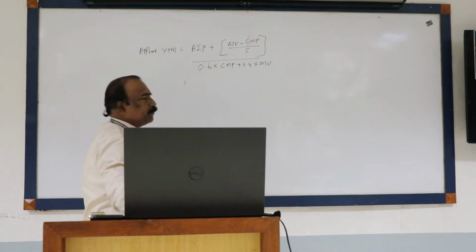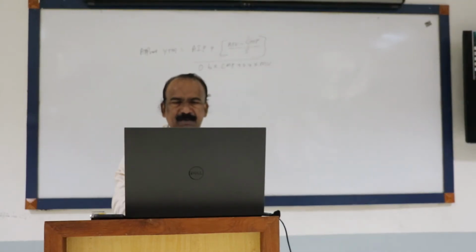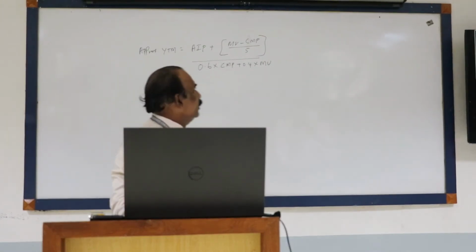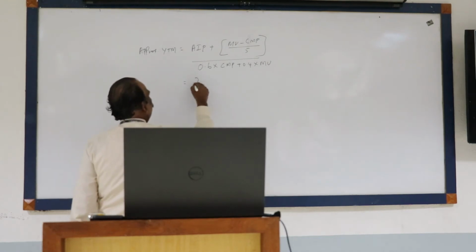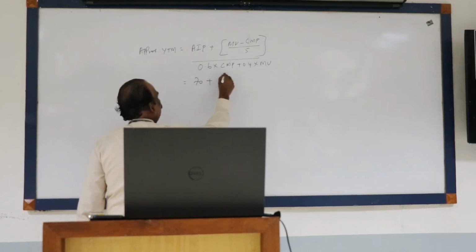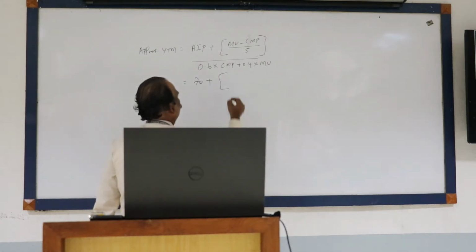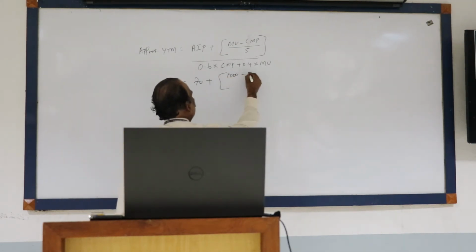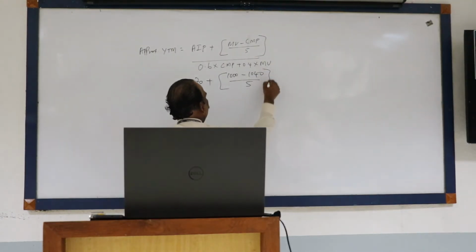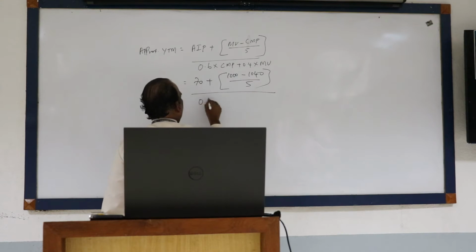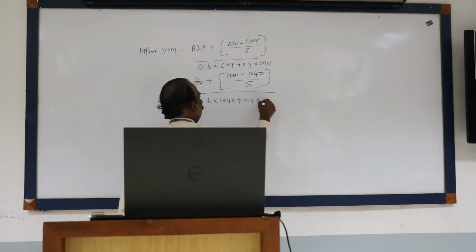So the annual interest payment is 7% of 1,000, that is 70, plus maturity value 1,000 minus current market price 1,040, divided by 5, and the whole divided by 0.6 into 1,040 plus 0.4 into 1,000.